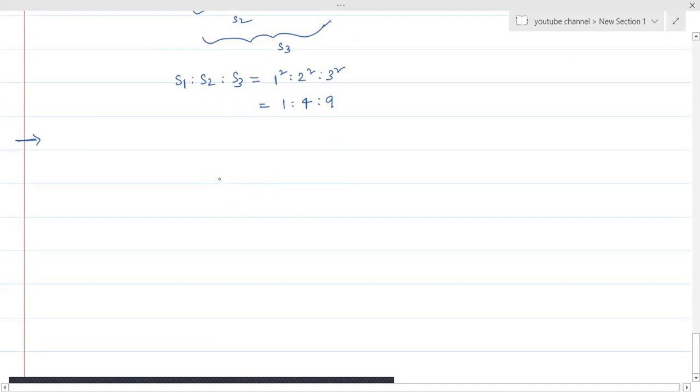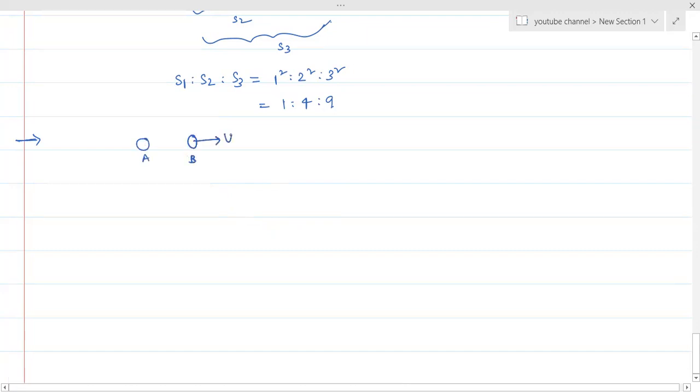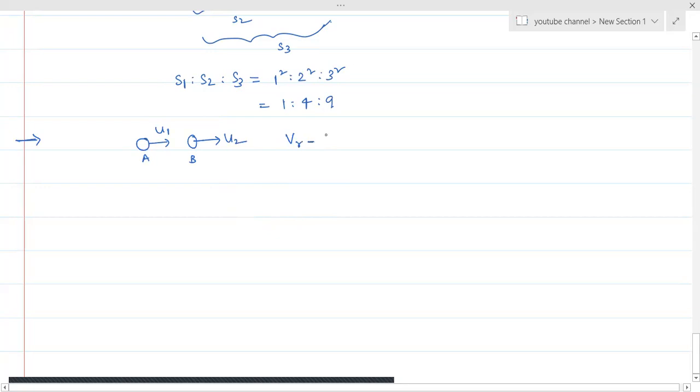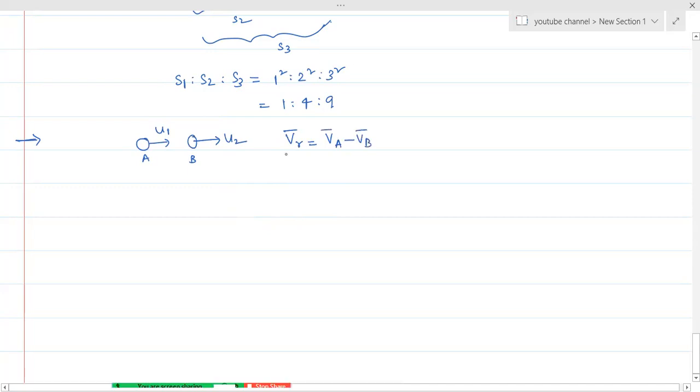Here also we have some models regarding the relative velocity. For example, we will take this is the body A and this is the body B. They are moving with speeds u1 and u2 in the same direction. So the relative velocity is nothing but the velocity of A with respect to B or B with respect to A. So relative velocity means, suppose I am taking A as the object and B is the observer.